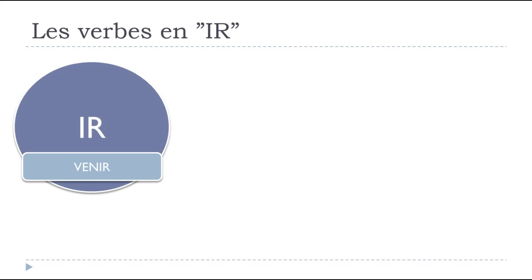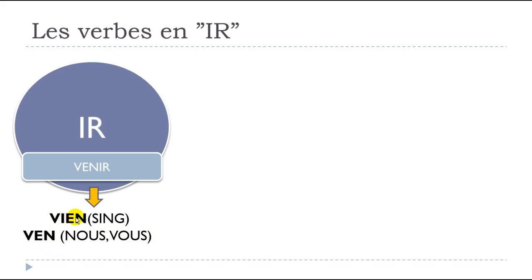And so the difficult thing with this group of verbs is actually you will have one form for the singular. So we're talking here about je, tu, il, elle. Okay, so in that case, the stem, the root will be vient, V-I-E-N. Okay, then we will have another root or stem for nous and vous at the plural form, and it will be V-E-N.